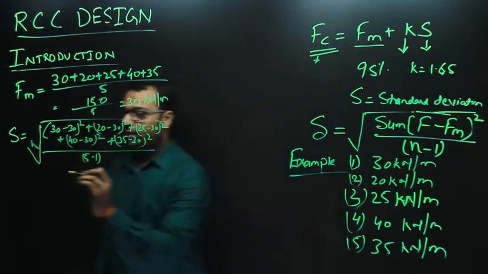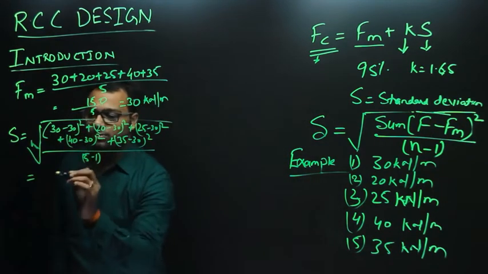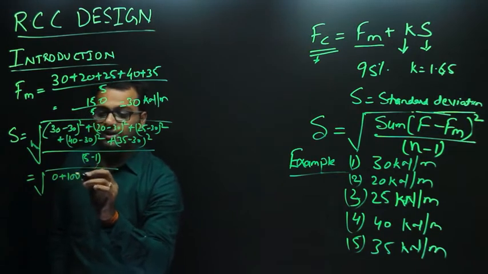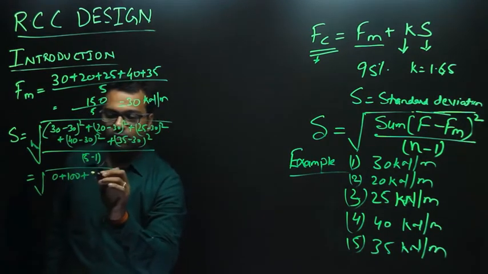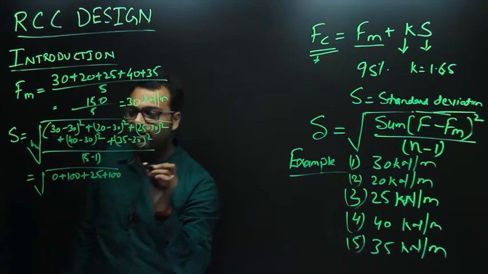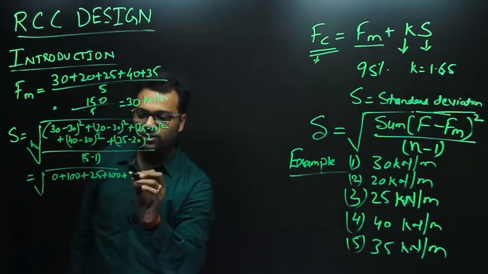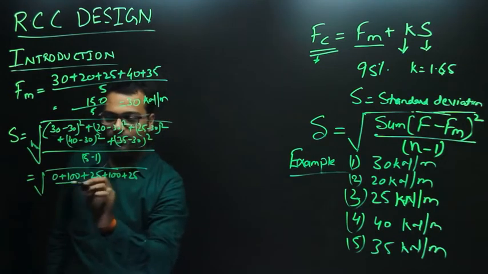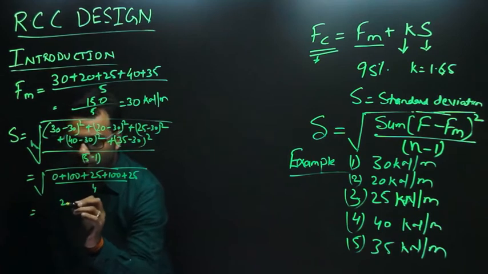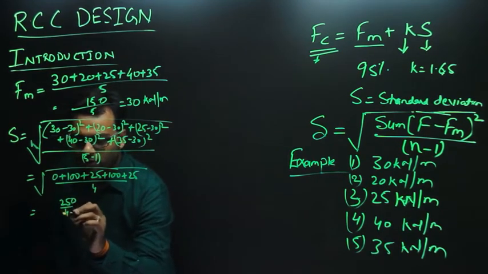Now if I calculate this value, the first term comes to be 0, plus 10 square is 100, 5 square is 25, then again 10 square is 100, and then 5 square is 25, divided by 4. So this comes out to be the square root of 250 by 4.